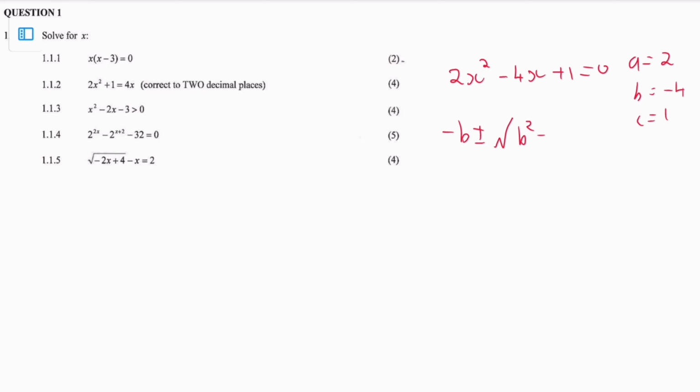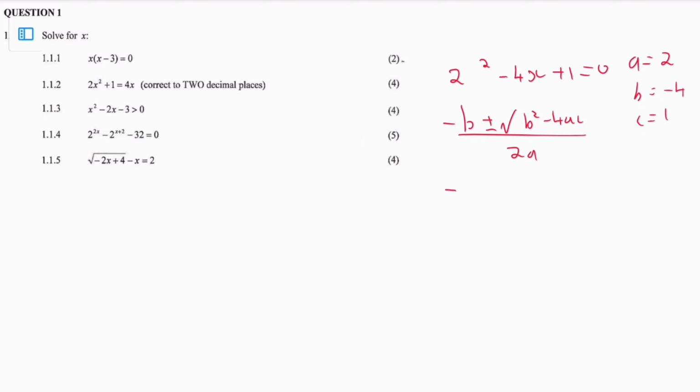So here's the quadratic formula: x equals -b plus minus the square root of b squared minus 4ac, divided by 2a.